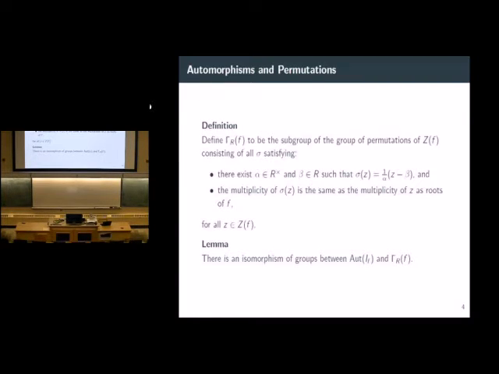On the other hand, if you have an automorphism of I_f, as I said in the other lemma, there is an automorphism of the whole polynomial ring such that when you restrict to I_f, this is our original automorphism.